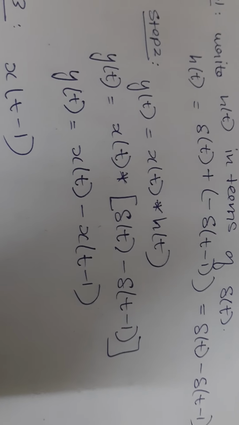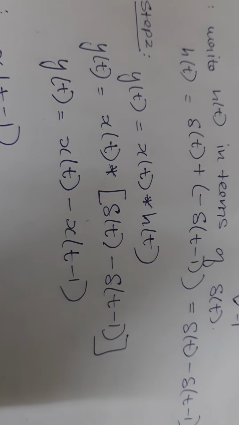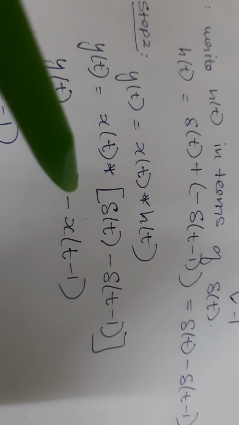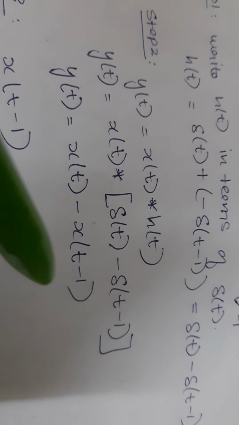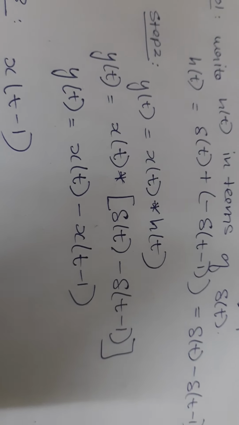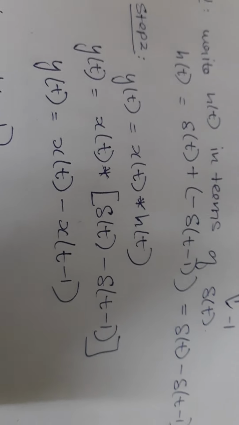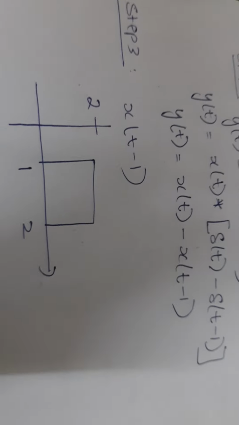Now second step is convolution of two signals, h of t convolved with h of t. So h of t convolved with delta of t minus delta of t minus 1. So my y of t will become h of t minus h of t minus 1. As we know, any signal convolved with delta of t will be the signal itself. So now I will sketch h of t minus 1.